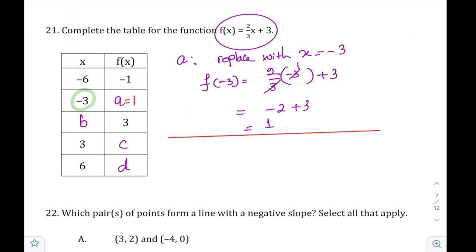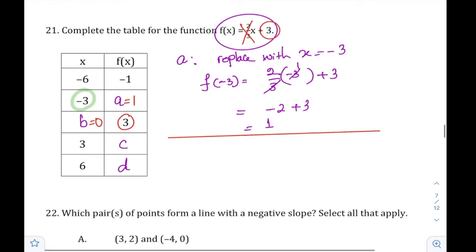Okay, B. As you see, it's very clear to know the B here from the equation directly, because here the 3 is the y-intercept. It means directly that x was cancelled here. That means B is 0. X was 0 when f of x is 3. Okay.